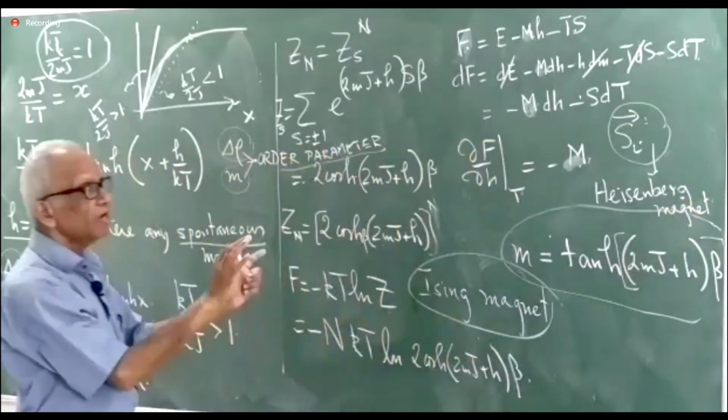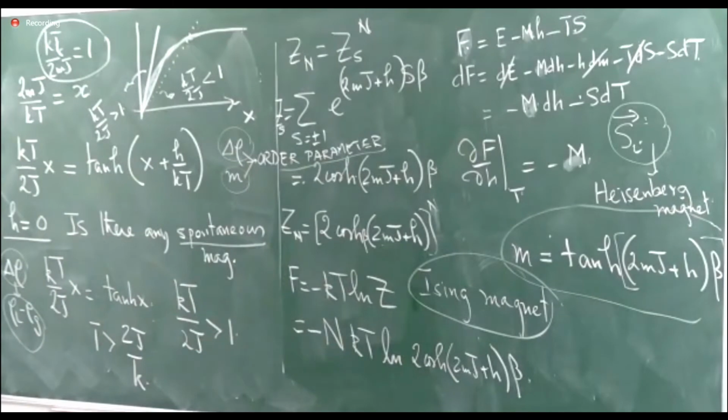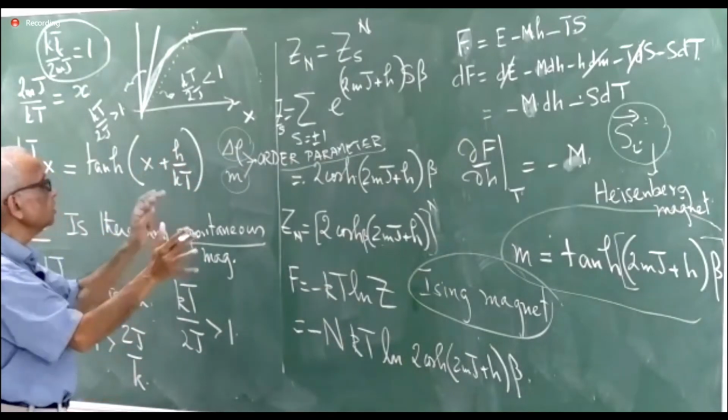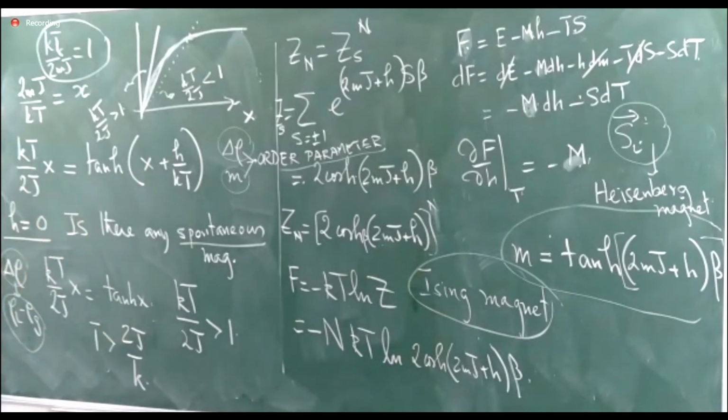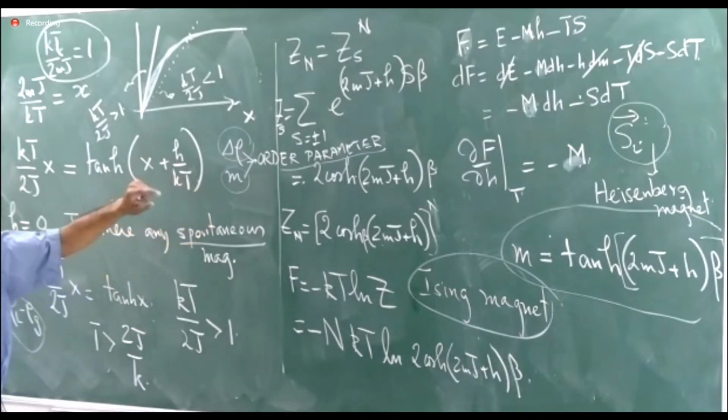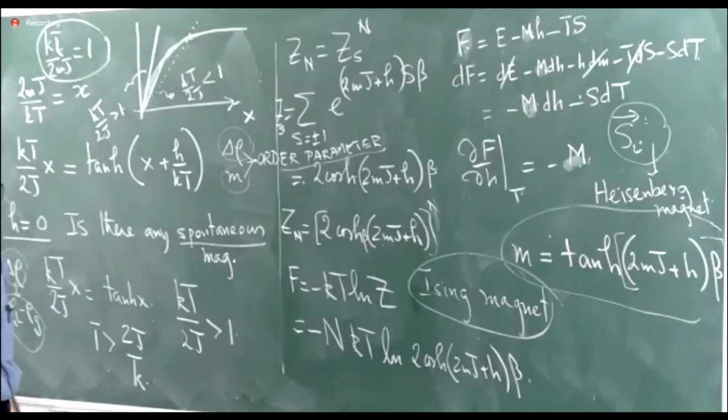And what we have said so far has nothing to do with what you are seeing on the board. What you are seeing till now is completely a question of a scalar order parameter. For the magnet, it is the Ising magnet which can point up or point down.